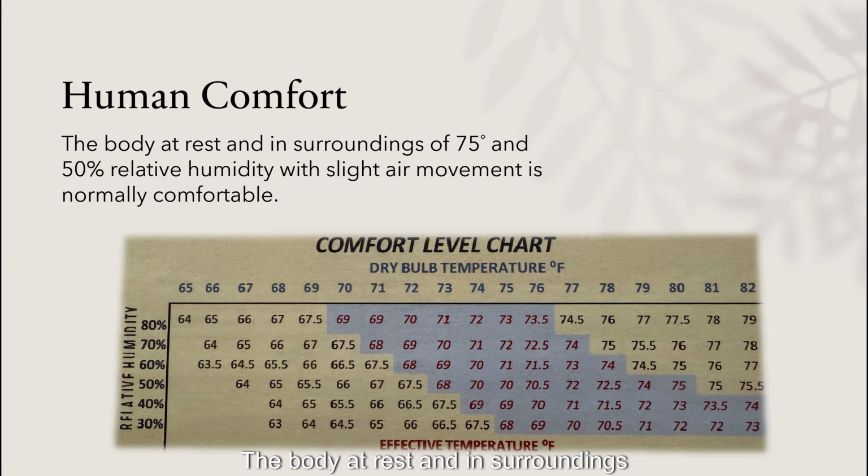All right? The body at rest and in surroundings of 75 and 50% relative humidity with slight air movement is normally comfortable. So what that means is if the humidity is 50%, 75 degrees in the space, we're going to be pretty good. So let's go ahead and look at our chart over here.